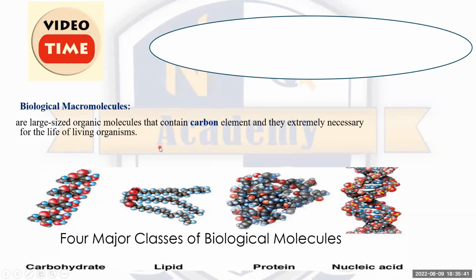Now we are going to discuss the way these molecules are formed. They are formed through an important process, and this is our first important process. We have some important processes in our syllabus, so please remember this is the first one.